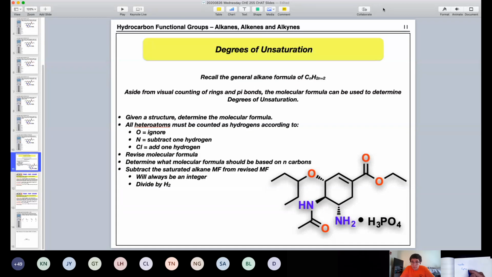The nitrogens are pretty obvious. There's 2. Oxygens, there's 4. So what are we trying to do?